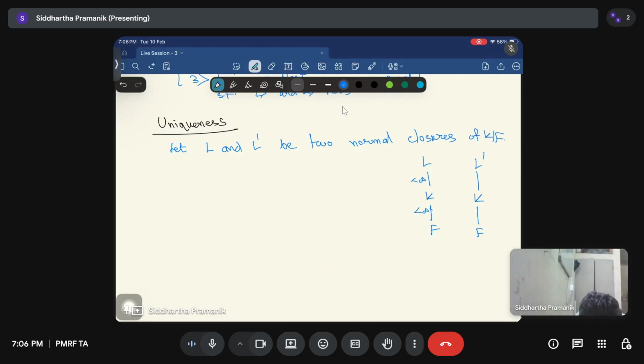This is also finite because the total is finite, and the same for here also. Now let sigma be a field automorphism. Okay, we don't need from K to K. We need from F to F.